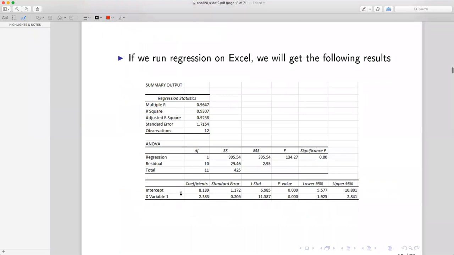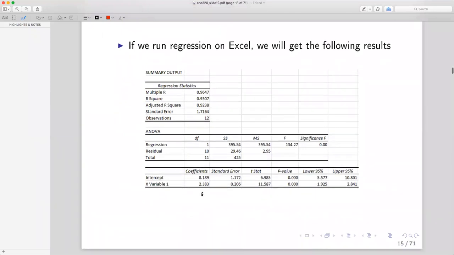So the intercept is 8.1, and this is your intercept term. For example, you can write this model again like this: y equals the intercept, 8.189, which is positive, plus 2.383 times x1, plus the residual, e_i, with the i if you like.